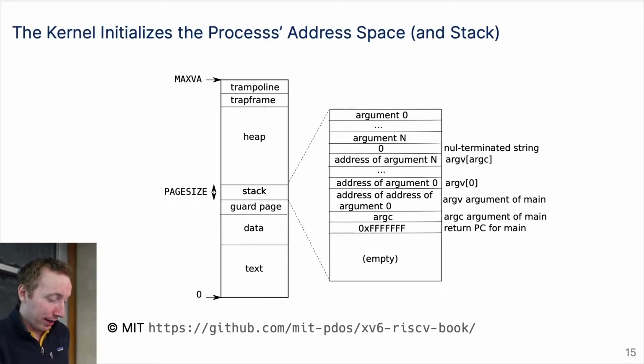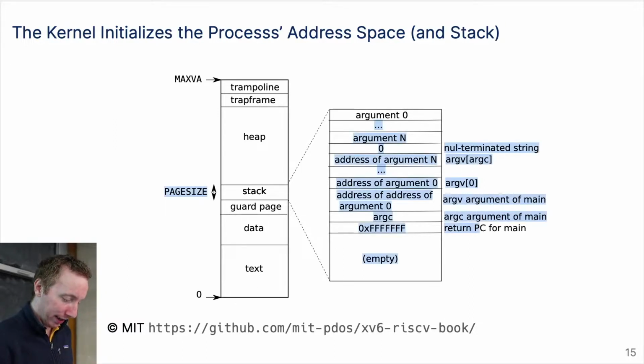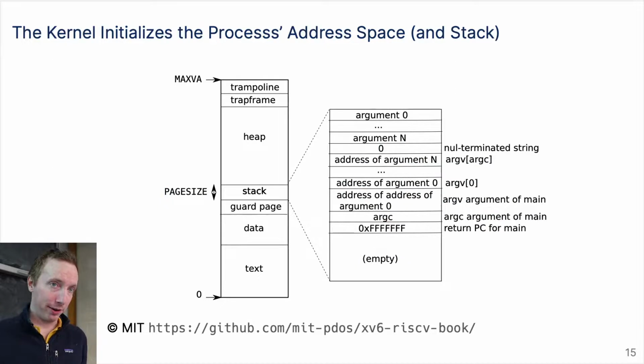So this is what the process's address space looks like again. At the bottom, it's going to have some text and data, maybe a guard page so that if your stack overflows, you actually get some indication of it instead of it just randomly writing memory. Then your stack would look something like this, and it's set up by the kernel.